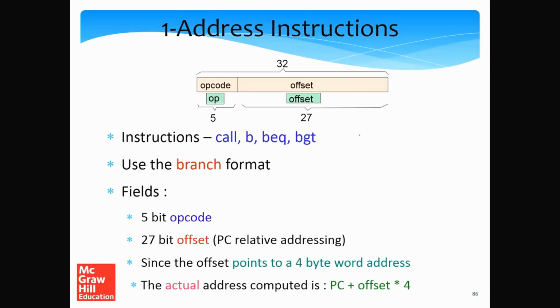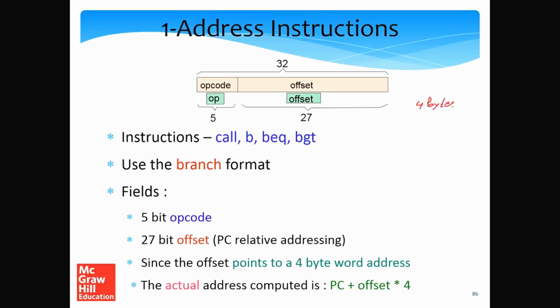Now here is a trick that should be mentioned. Let's assume that the offset points to a byte. So all our instructions are 4 bytes each, right?